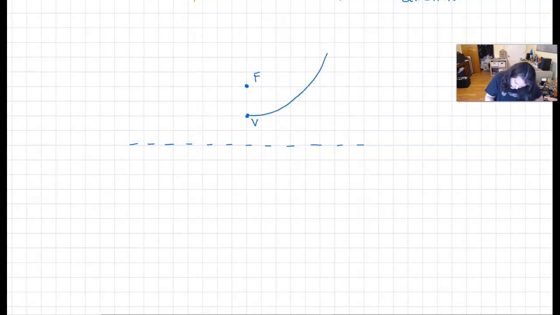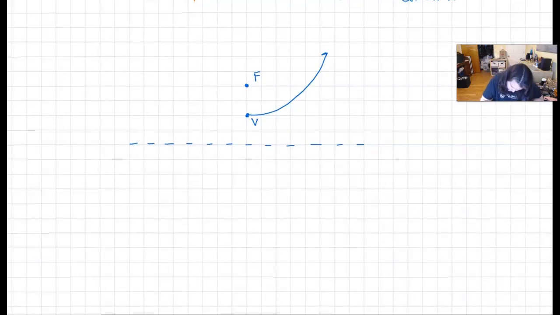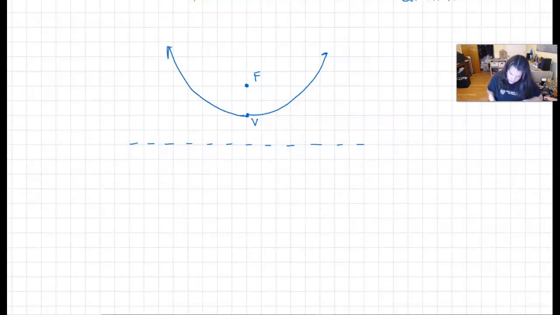So if I draw another parabola here, I'll put the directrix, and I'll put the vertex and the focus. So here's the vertex, here's the focus. And I'll draw this parabola here. Trying to draw it as accurately as I can.